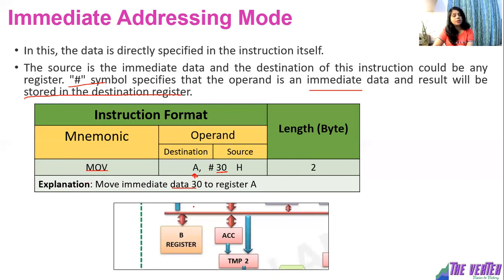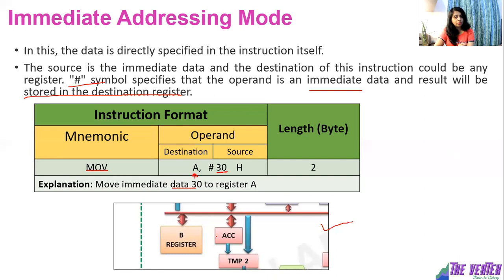So what happens after execution? Let's understand that this is a small part of the 8051 microcontroller, in which I have shown only the accumulator and register B. But you know that the 8051 architecture is a big architecture with various registers, buses and ports. So a small portion is shown.